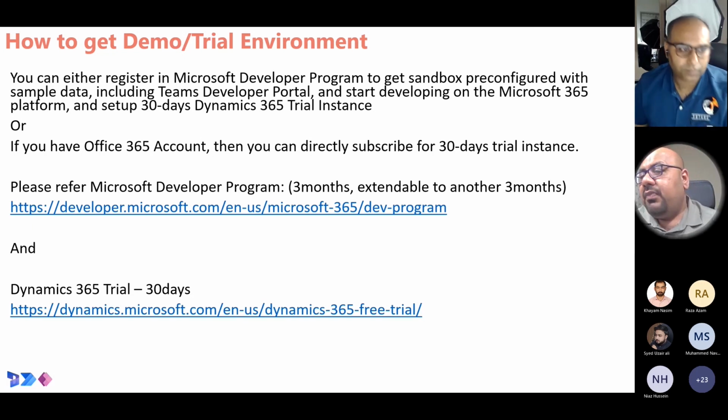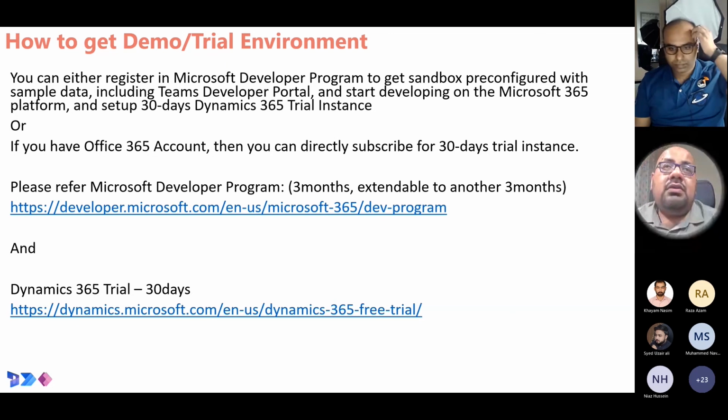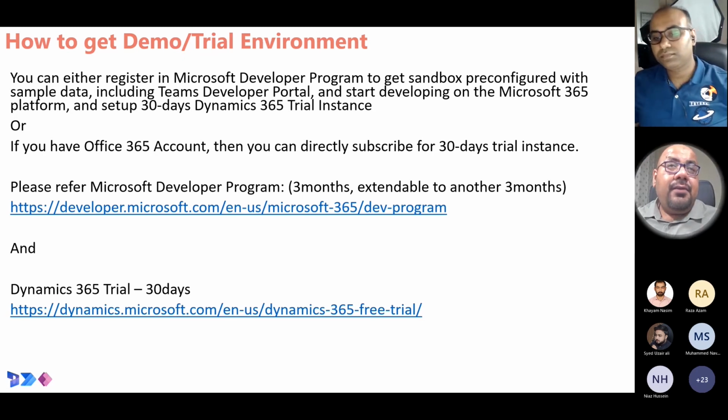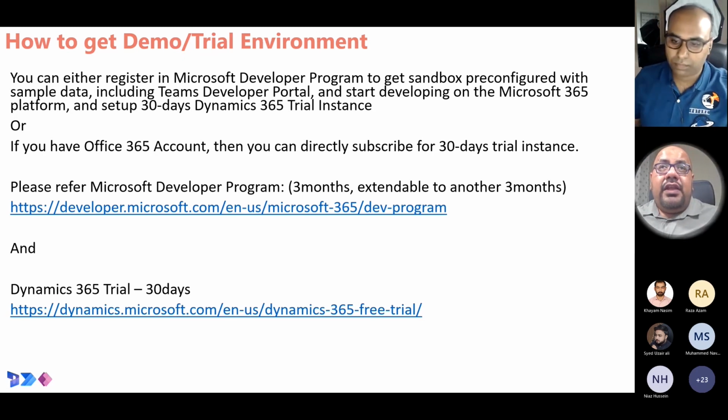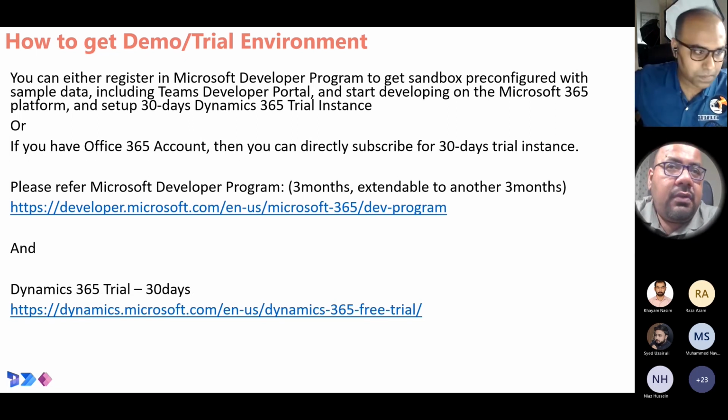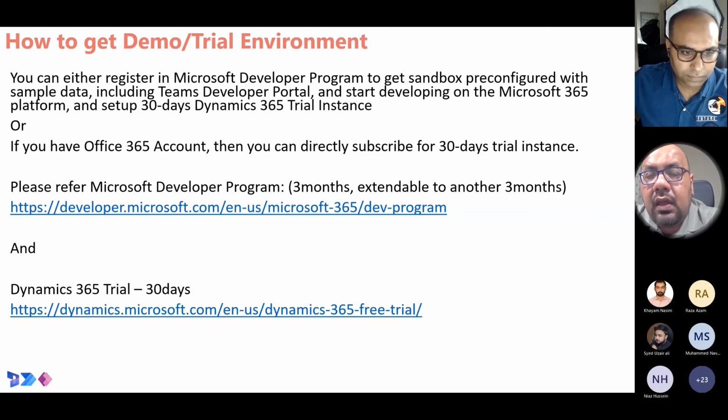And if you want to learn about Microsoft 365 and see the full functionality, it might be possible that you are taking a direct subscription and you don't have admin access to the Power Platform. To do so, I recommend you go with the developer program and register with it. You can register your ID which you currently use for work, or even go with a live ID.